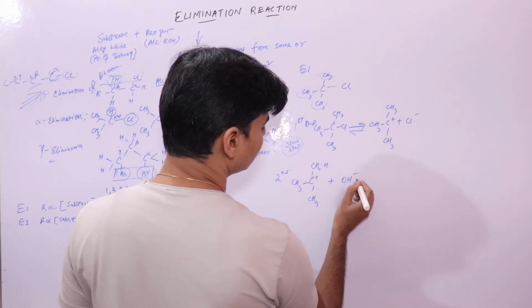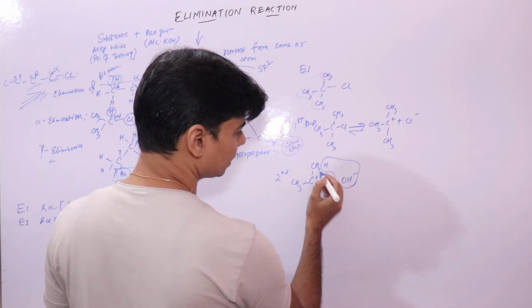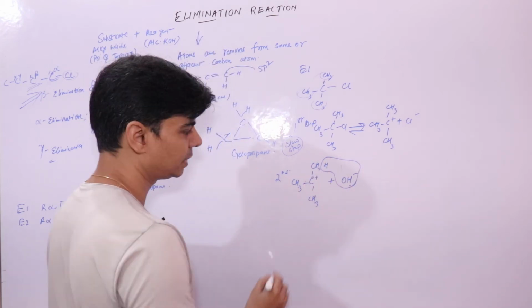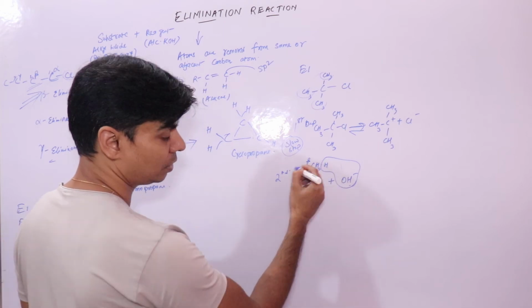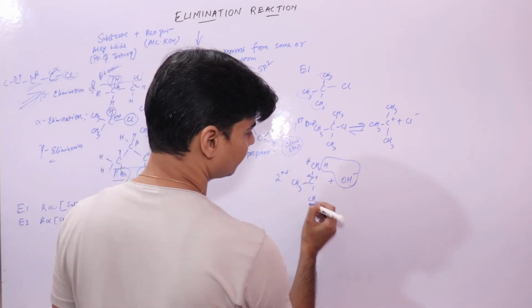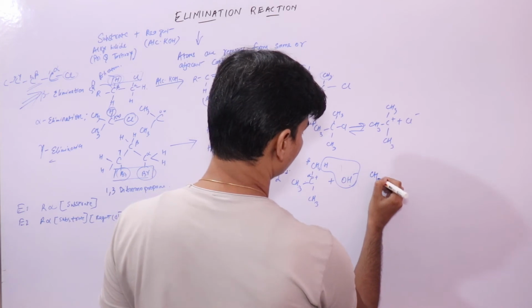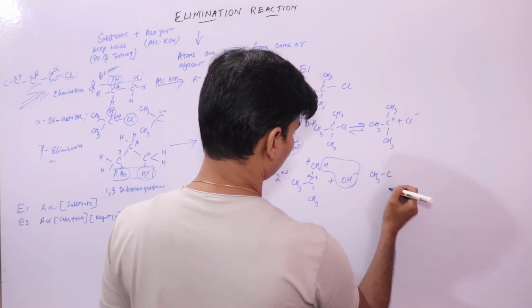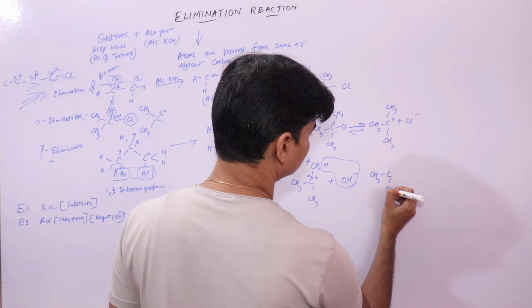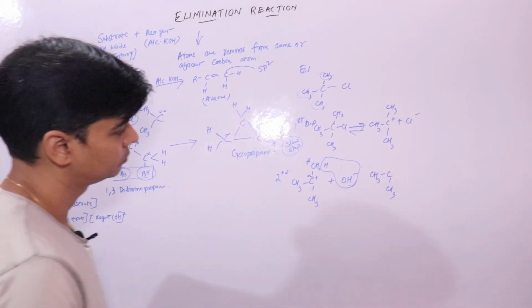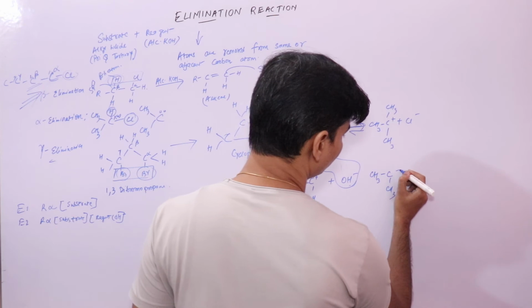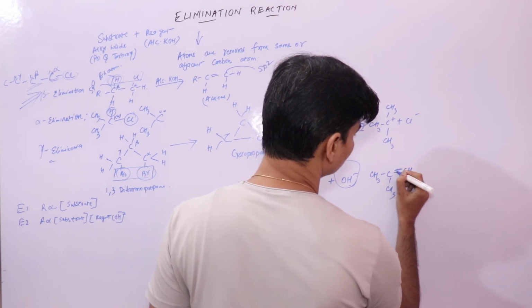This OH will attack this beta hydrogen atom. This is your beta carbon. Hydrogen atoms attached to this are your beta hydrogens, and this is your alpha carbon atom. Now it forms an alkene. Hydrogen is removed from here, it will form CH2.